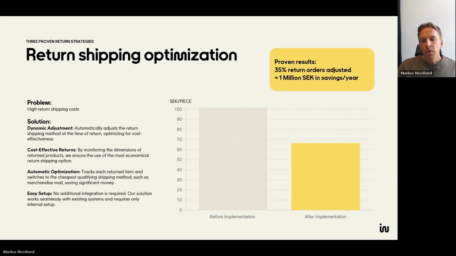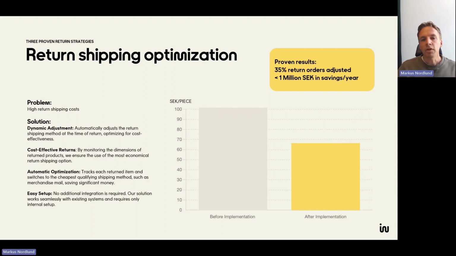And it has been proven, as you can see here, that you can really do a lot of cost reduction based on this. Because probably you send out your outbound packages with some parcel service, and the normal thing is that you return the pieces with the same parcel service.